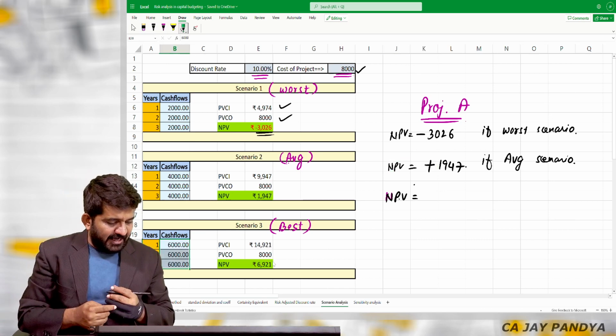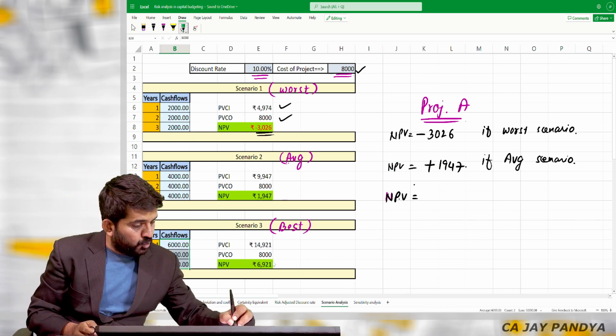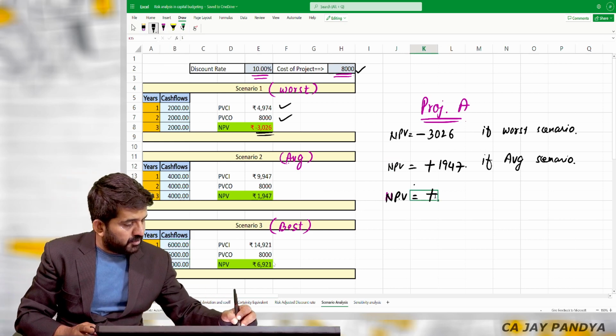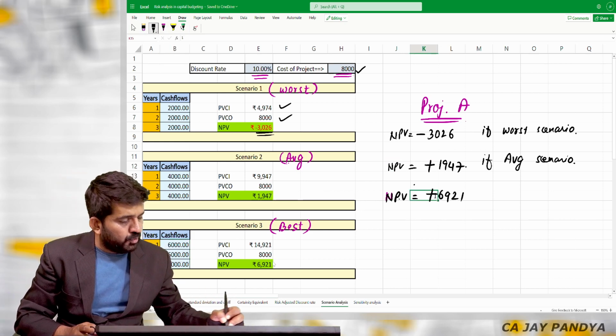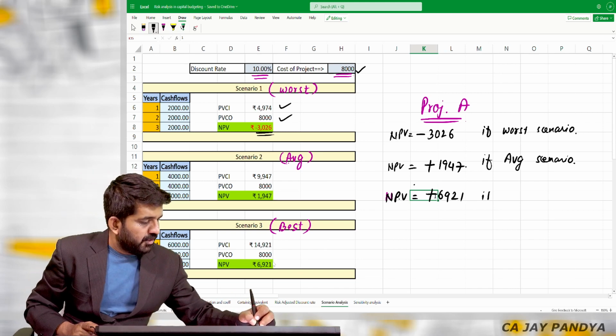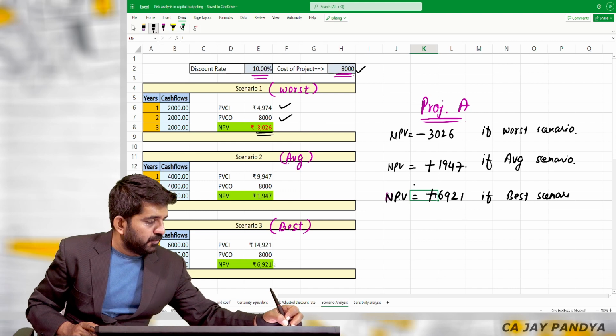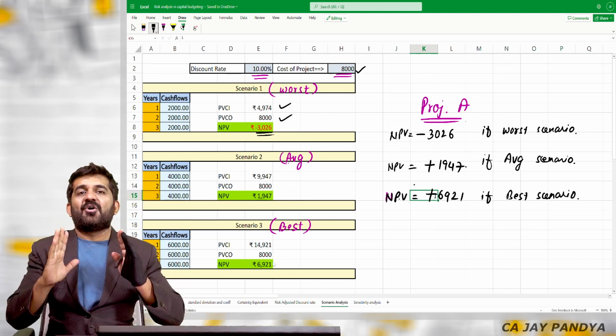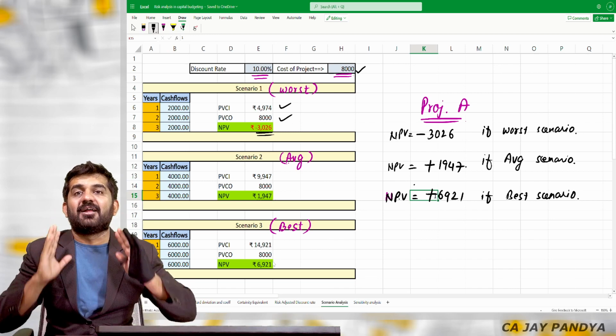My NPV is a positive 6921. Positive 6921, if there is a best scenario. And this is the end of scenario analysis.